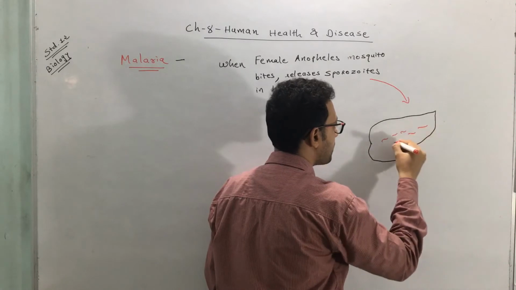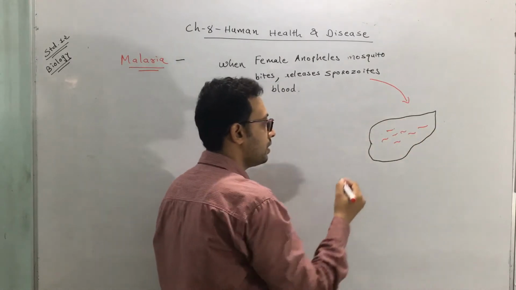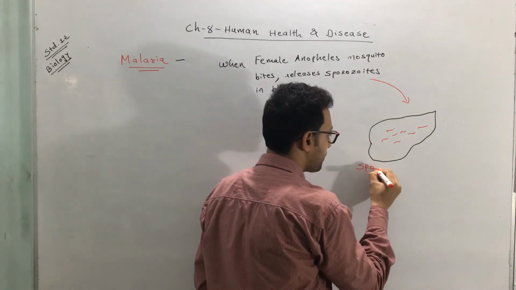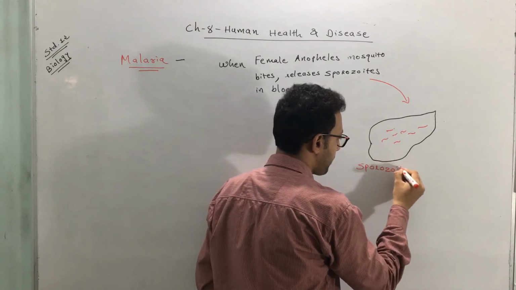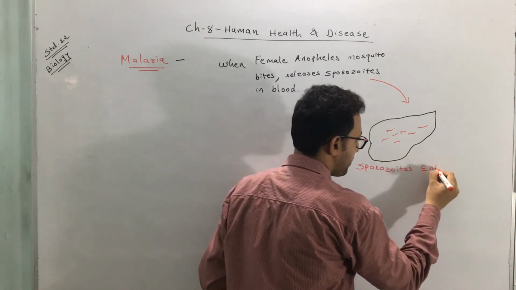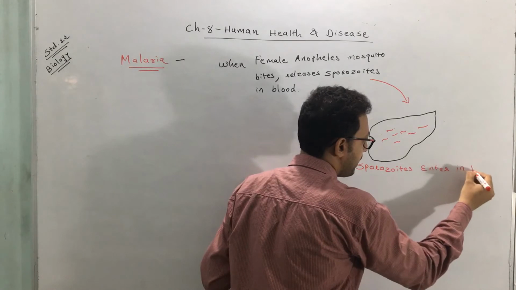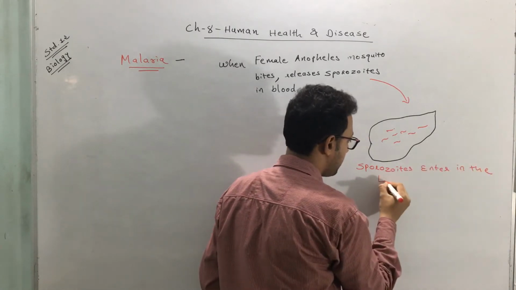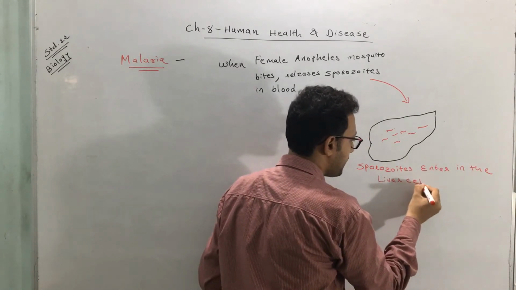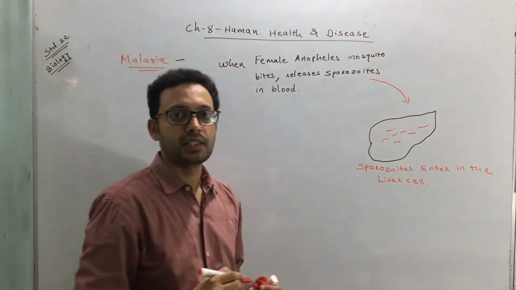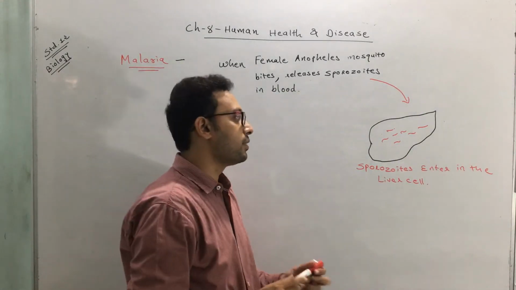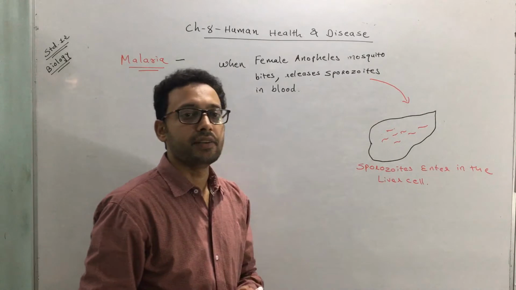Suppose assume that these are the sporozoites. These sporozoites enter the liver cell, what we call hepatocytes. Another name for the liver cell is hepatocyte. So it enters into a liver cell.